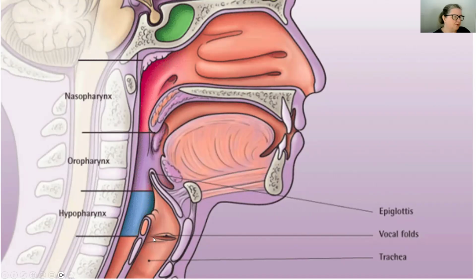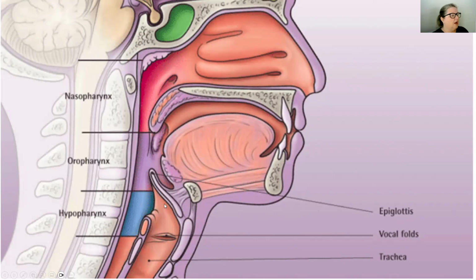And then in this particular diagram, where the throat kind of splits off into the trachea and the esophagus, they're terming the hypopharynx, and it is called the hypopharynx because it's the lowest part. However, you will also see that termed as the laryngopharynx because it's where the larynx and the pharynx kind of meet up.